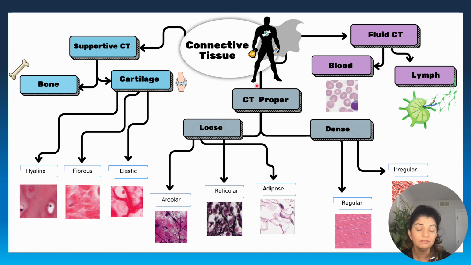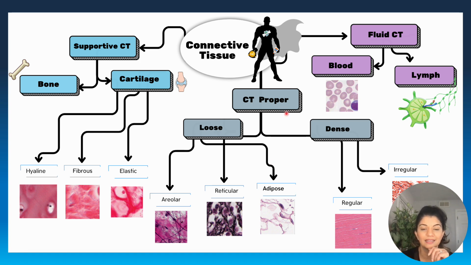And then going back, we've also got connective tissue proper. Now, this is more of a generalized category, which has 2 other categories under it. We've got loose connective tissue. We've got areolar, reticular, and adipose. And then again, you could write the specific functions and properties of each underneath if you wanted to.